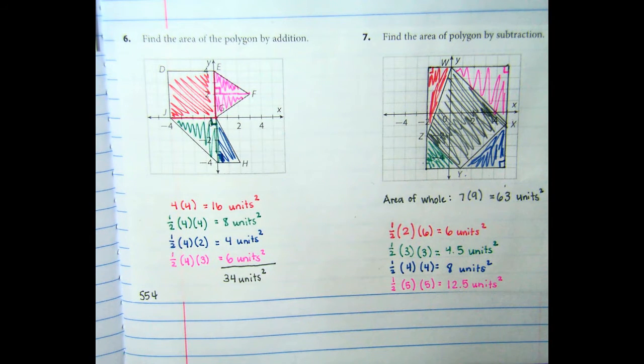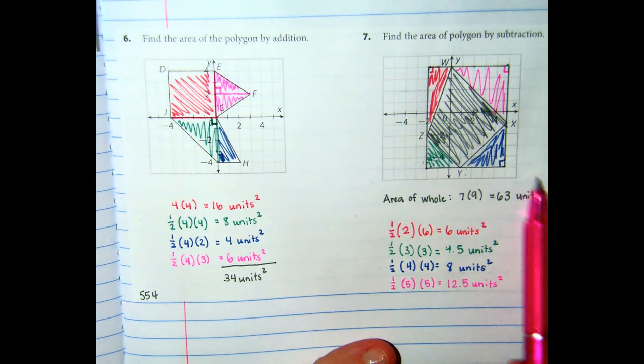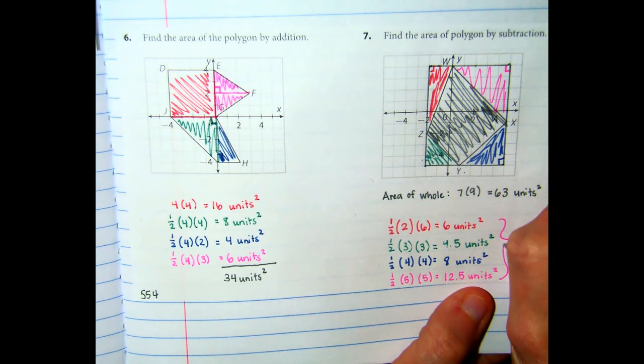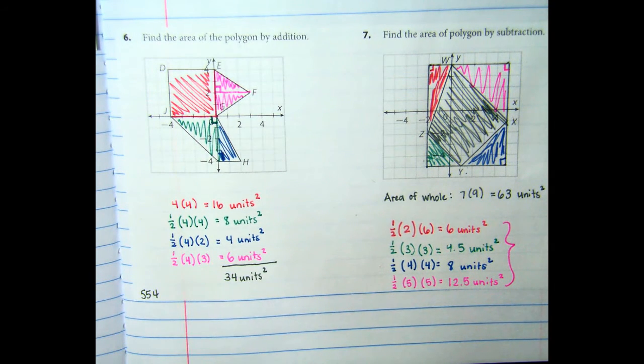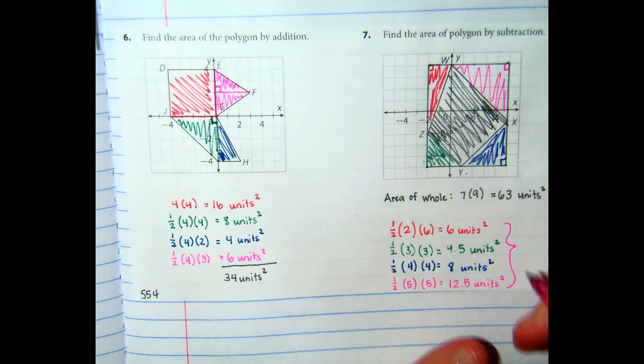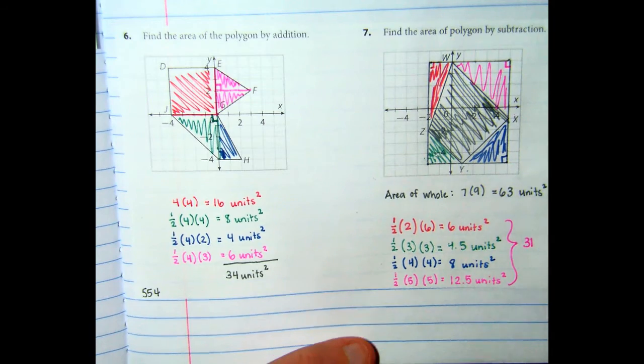Alright, so my goal is to take the area of these and subtract from this piece here. So I'm going to find the sum of all 4 of those triangle pieces. So I have 6 plus 4.5 plus 8 plus 12.5. So all of the extra area comes out to 31 units squared.